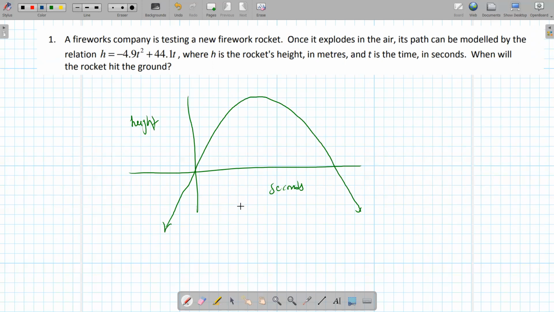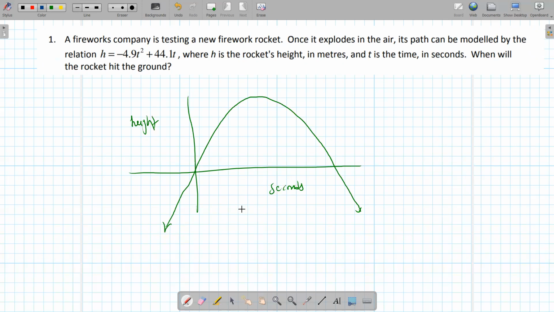When will the rocket hit the ground? So what does that mean? Like how many seconds it'll take?